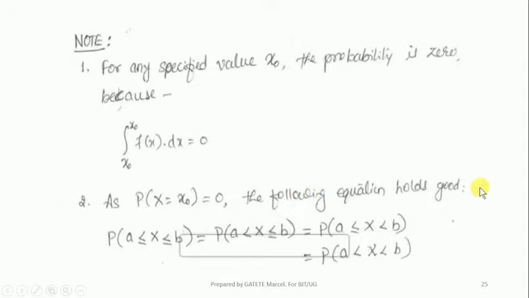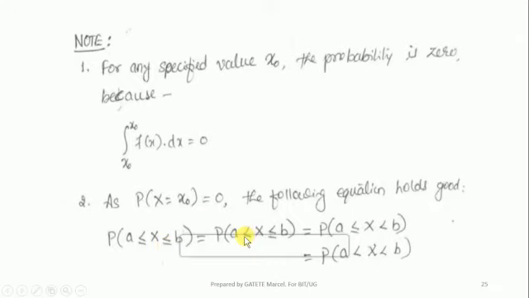Why? Because whatever we put, if we interchange the signs less or equal or less, there won't be any problem, because for x0 the result will be 0, so there won't be any change. For example, here I have the probability a less or equal to x and x less or equal to b.